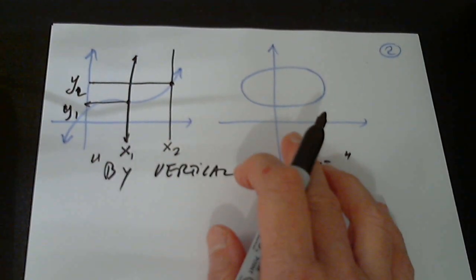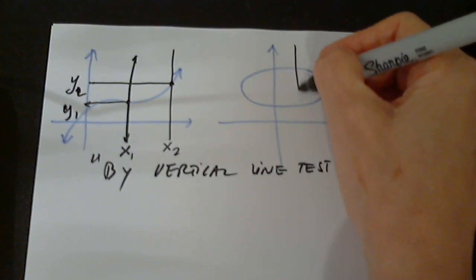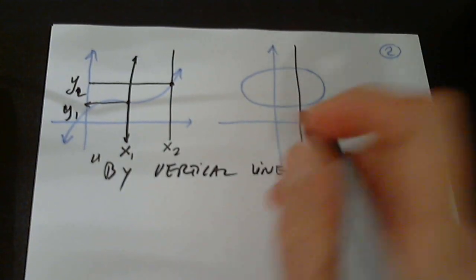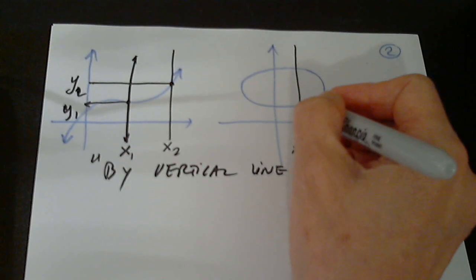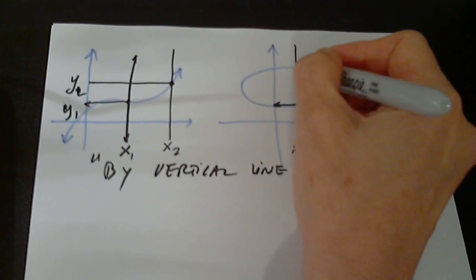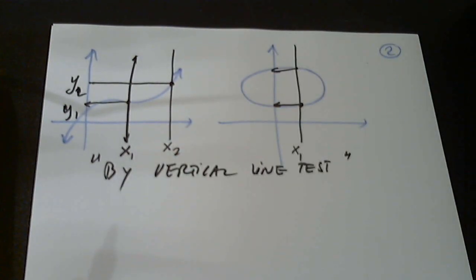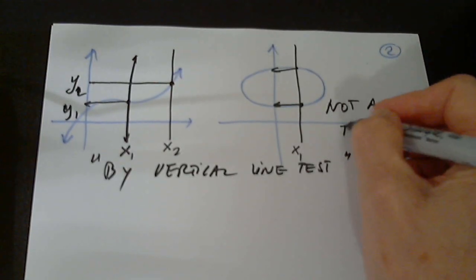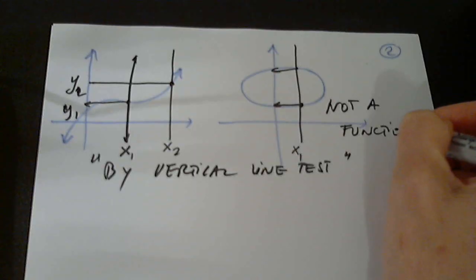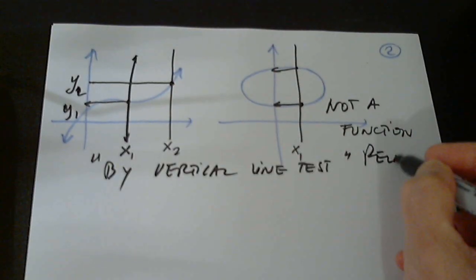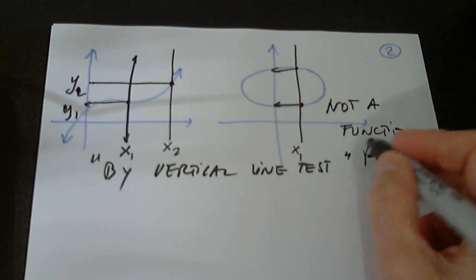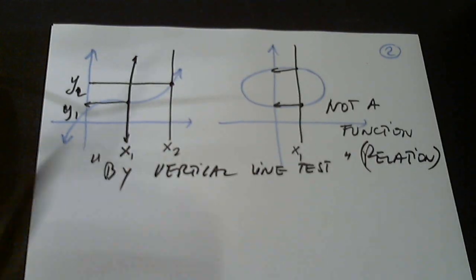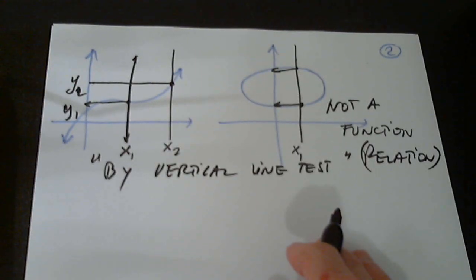But look what happens here. By the vertical line test, for x1 here, I read two y values. That's why this is not a function. And we call it a relation. This is a function by the vertical line test.